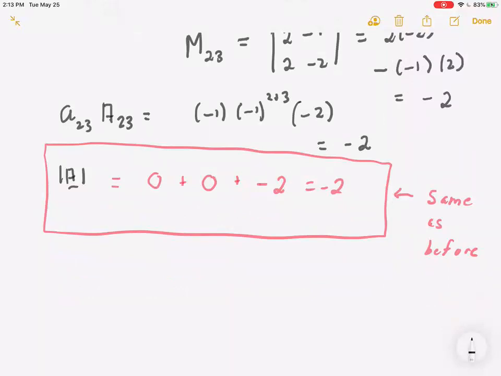So this gives you the same answer that we got before. All right. So now let's repeat this problem. And let us do the expansion.